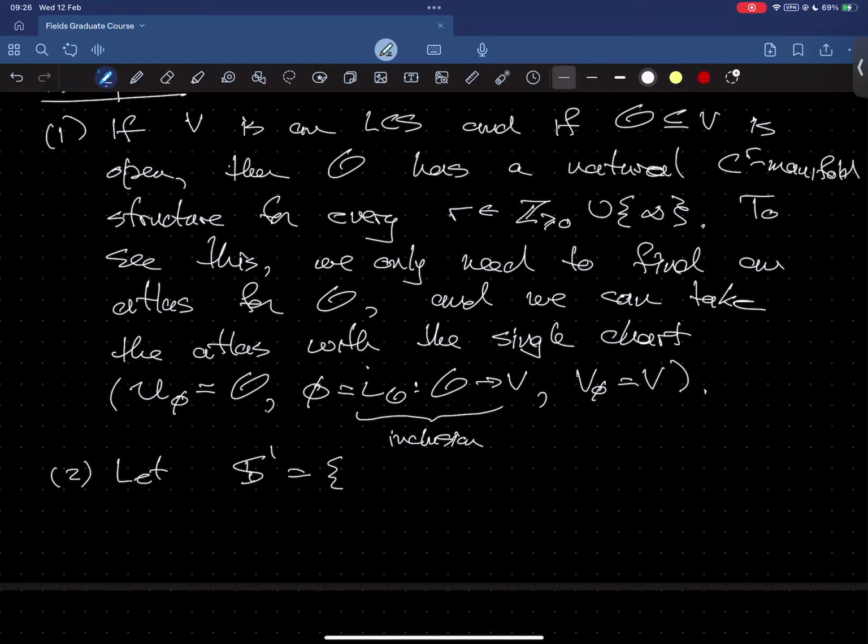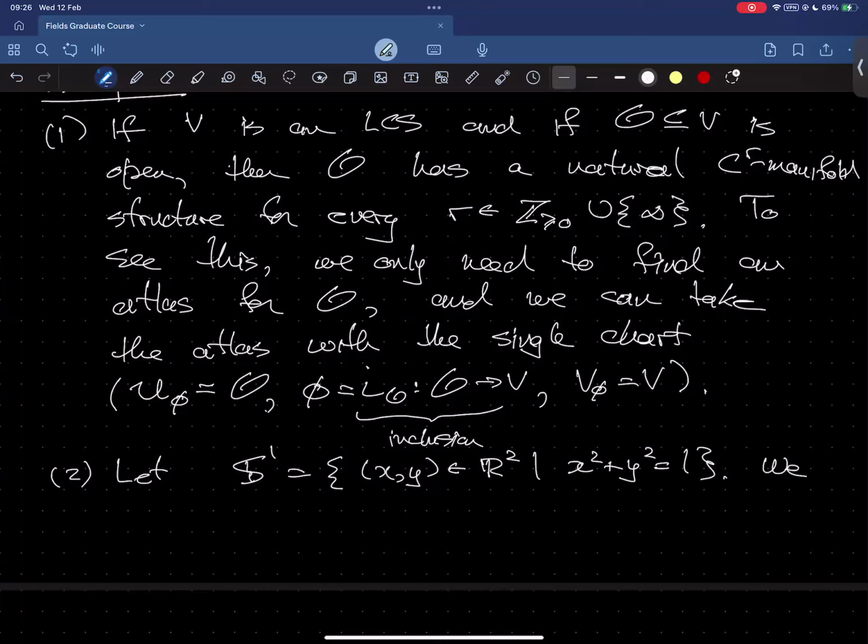S1. This is the set of points x, y in R2, so that x squared plus y squared is equal to 1. All right. Okay. So I'm going to make this thing into a manifold. So again, to make it into a manifold, I just have to specify an atlas.